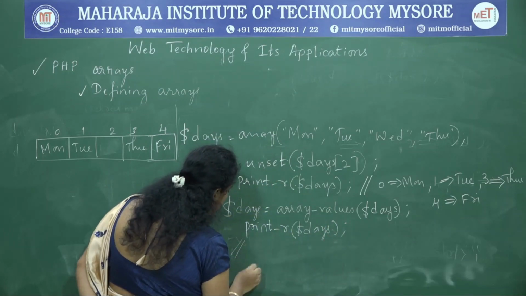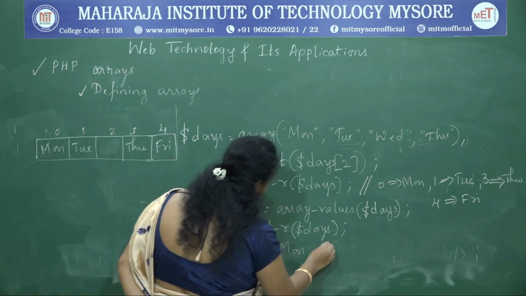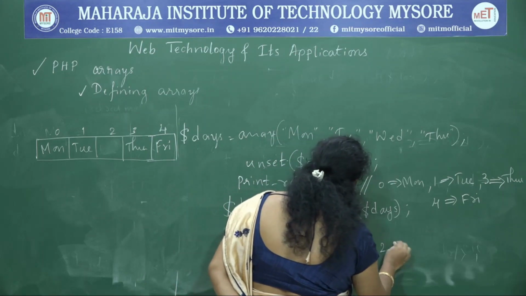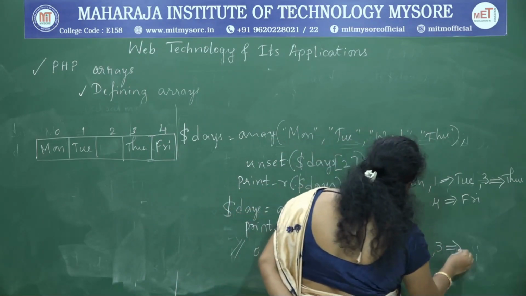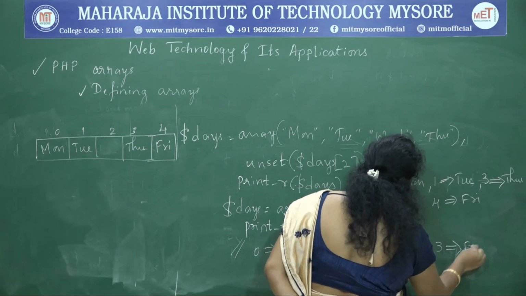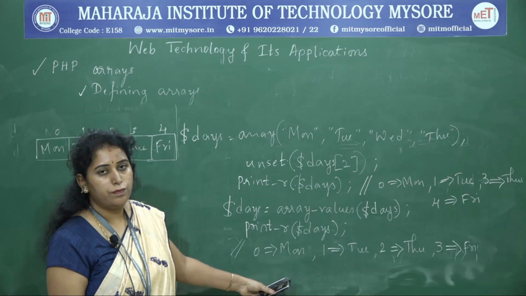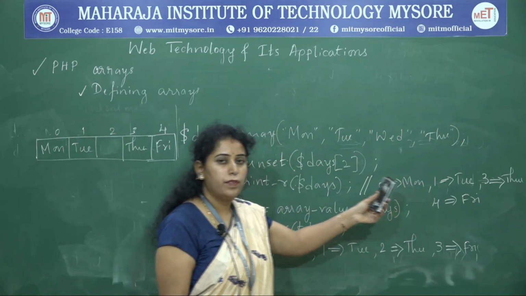It outputs: in the 0th index Monday, 1st index Tuesday, 2nd index Thursday, 3rd index Friday. Is there a difference between this output and that output?